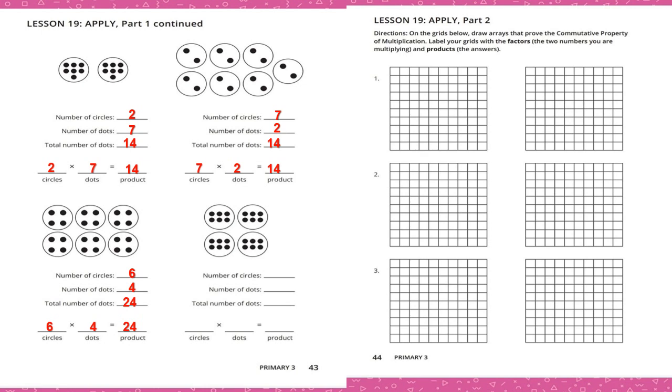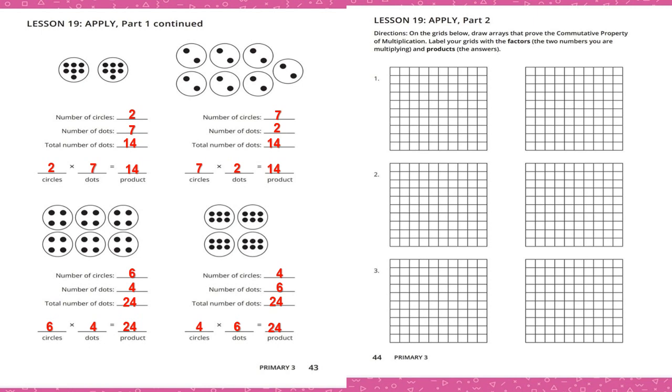We have 4 circles. Each circle has 6 dots. So we write 4 circles times 6 dots equals also 24. Total number of dots equals 24. Then we deduce here there is a commutative property.